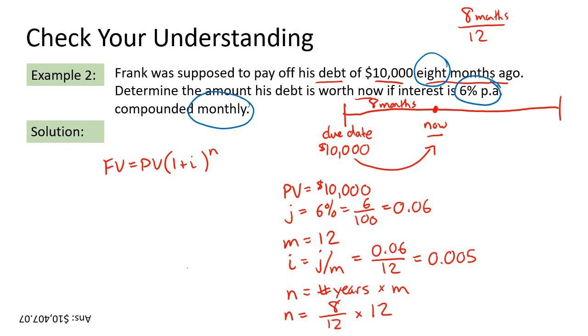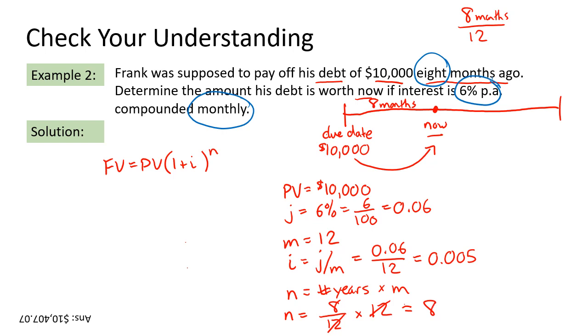So the reason I kept that is because 8 divided by 12 would actually give you a repeating decimal, 0.6666. And when you calculate it out, you should get an even number of compounding periods, right? Because you have 8 divided by 12 multiplied by 12. And remember, if you have the same number in the numerator and the denominator, those can actually cancel out and they just become 1.